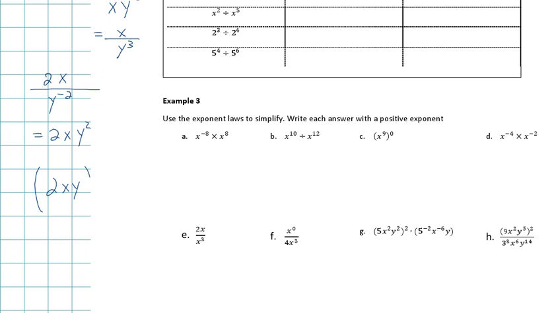Now what happens if I have this? The whole thing is to the power of -2. Flip it, it will be 1 over. Because remember, if you don't have anything on the bottom, it's 1. So you have to flip this whole thing. So it'll be 1 over 2xy to the power of 2. Because your exponent is negative, it becomes positive.